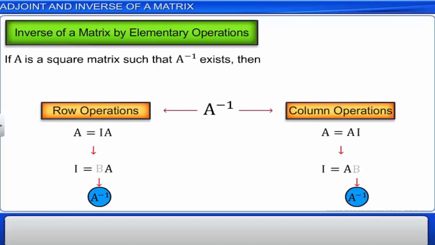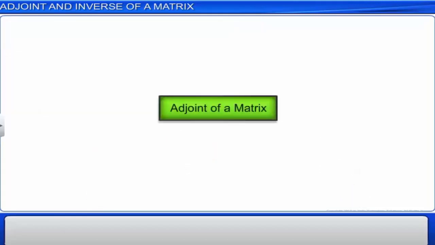In addition to the method discussed now, there is another method that is quite frequently used to find the inverse of a square matrix. Before learning this method, let's learn what the adjoint of a matrix is and some important theorems based on it.